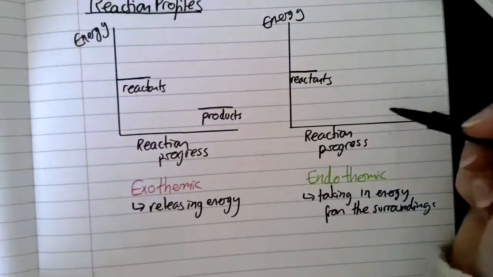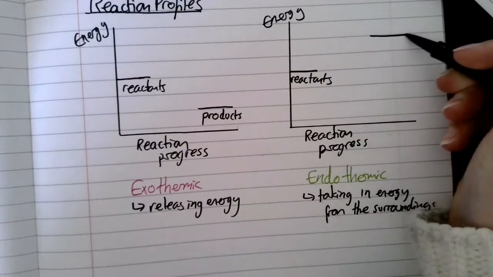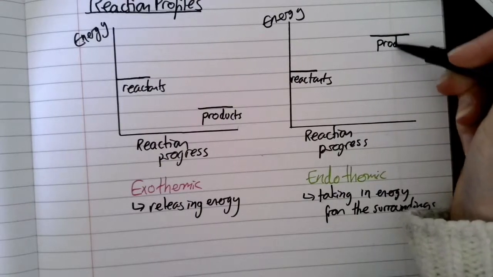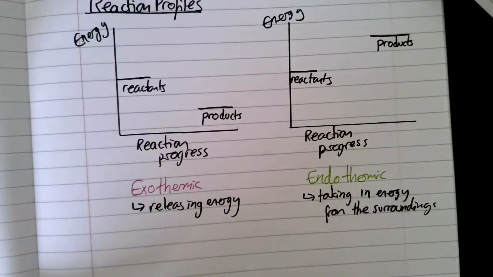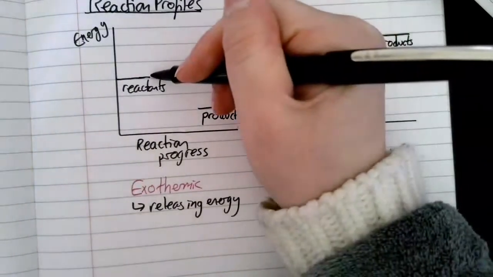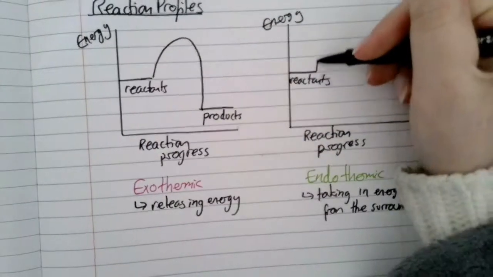With our endothermic, if we're taking in energy, we're needing more energy, and that's because our products are higher in energy. To complete this, in both cases, we end up with a hump.